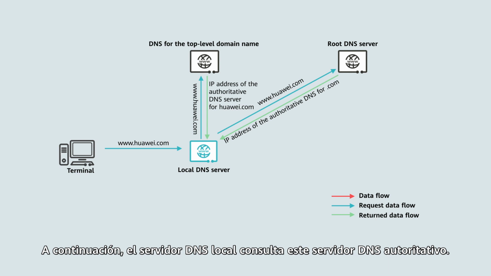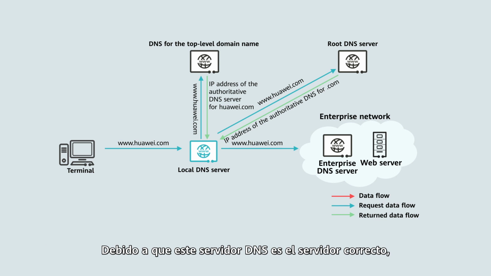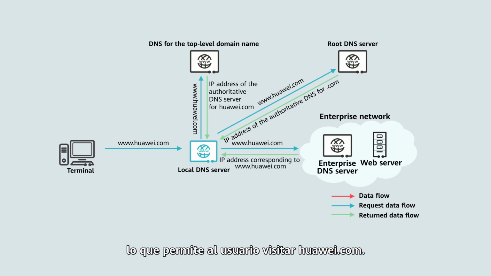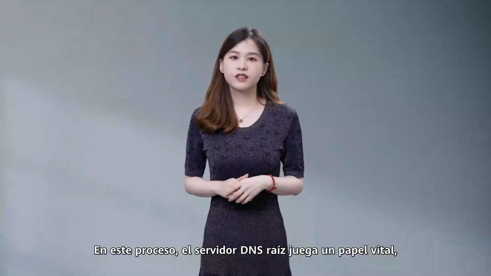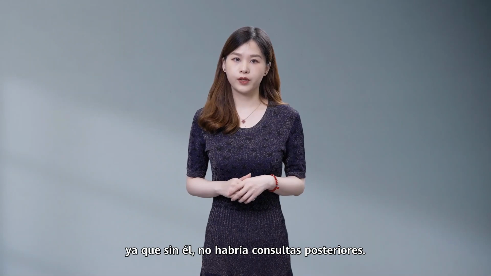The local DNS server then queries this authoritative DNS server. Because this DNS server is the right server, it provides the IP address of Huawei's website to the local DNS server, allowing the user to visit Huawei.com. In this process, the root DNS server plays a vital role, as without it, there would be no subsequent queries.